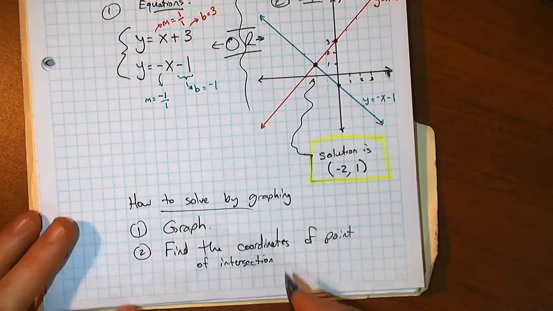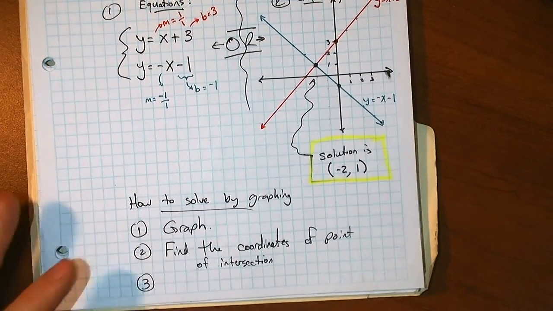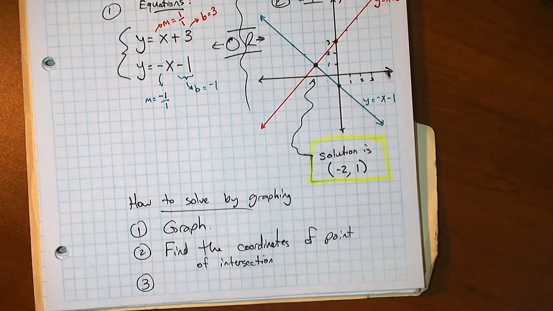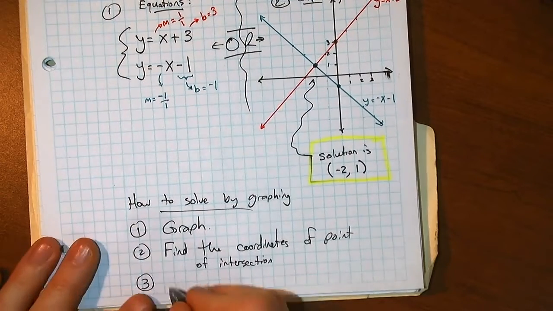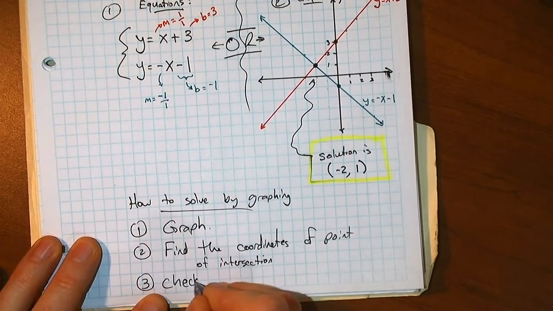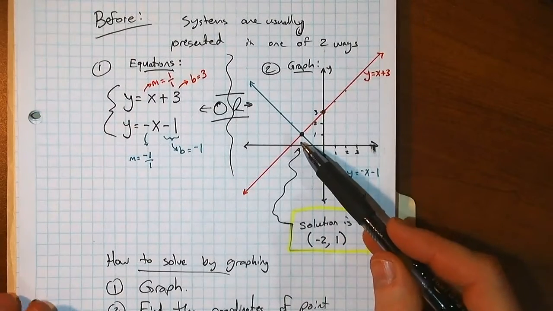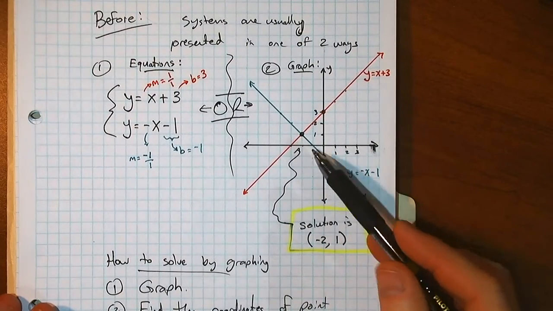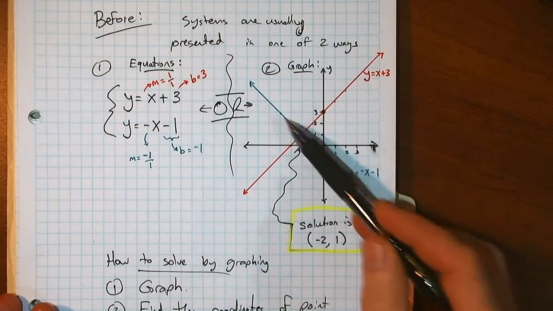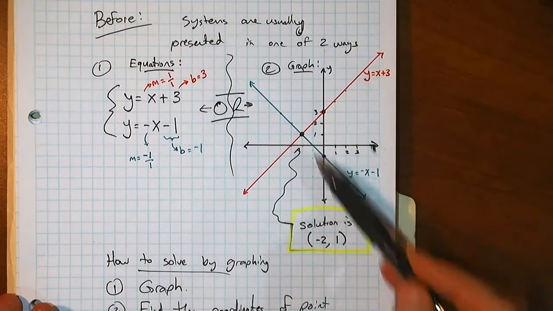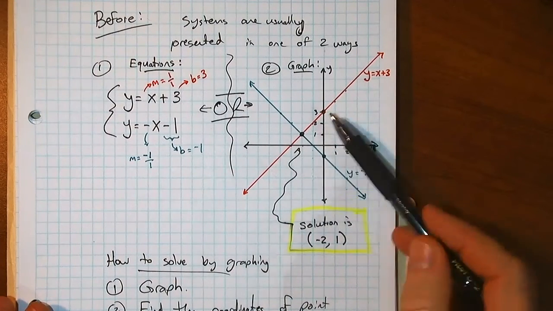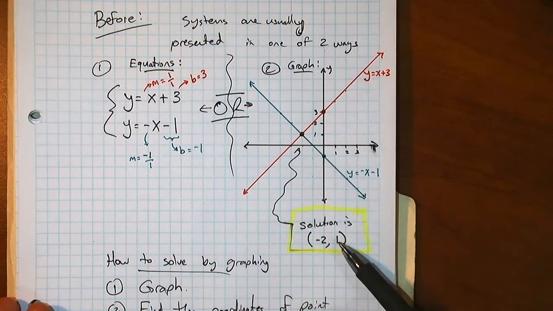Now, I said a minute ago, there's actually a 3rd step. And the 3rd step is really particularly important when it comes to the method of graphing. We want to check our answer. And remember, the whole idea of a simultaneous solution is it's the point where both lines have the same x value and both lines have the same y value. There's only one point where that happens, right?